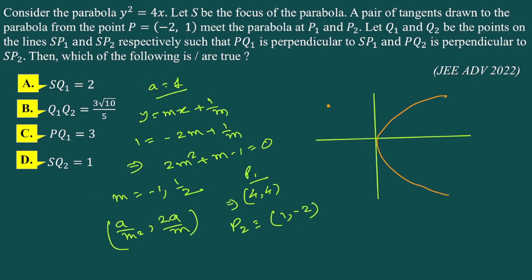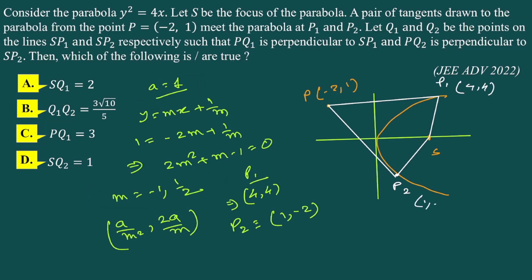Suppose this is the point (-2, 1), this is the point P, and suppose this is the point S. This is P1 and this is P2, if we draw the tangent lines. P1 is (4, 4) and P2 is (1, -2).